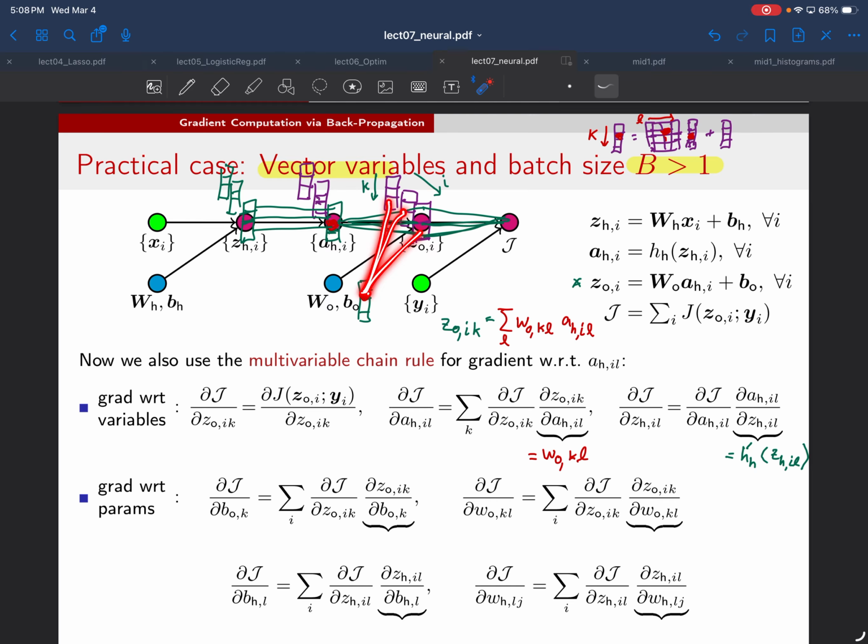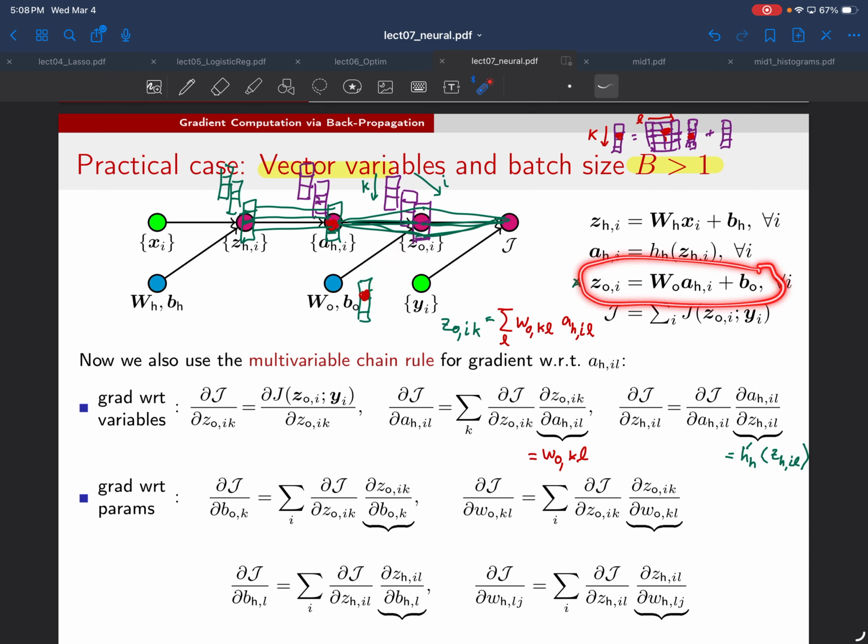Yes. Now, if I look at one batch element, based on this equation, does the second element of BO affect all the elements in ZOI or just the second one? Just the second one, right?